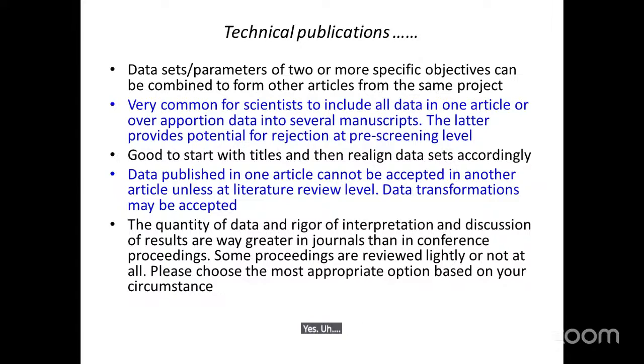Although we are saying the title should come last, we should have some kind of draft guiding title derived from the objective, and that can be adjusted later on, because it actually helps to guide writing the introduction and so on.